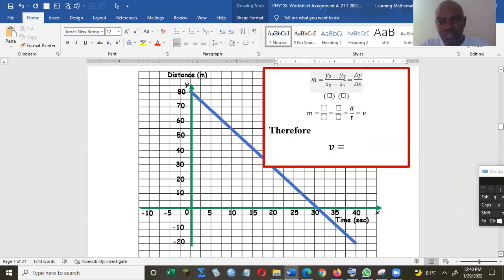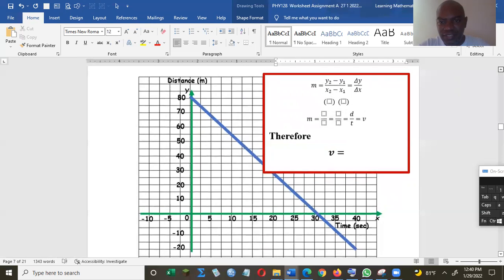Change, which is a difference, can be denoted with the symbol called delta. Delta is the D sound in Greek. In English, the D sound is a D. But since D was already used for distance, the mathematicians went to the Greek alphabet and selected that symbol called delta.